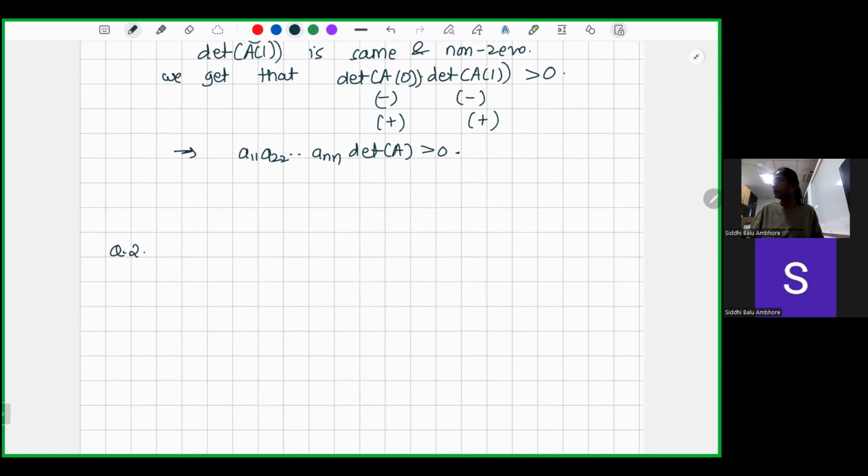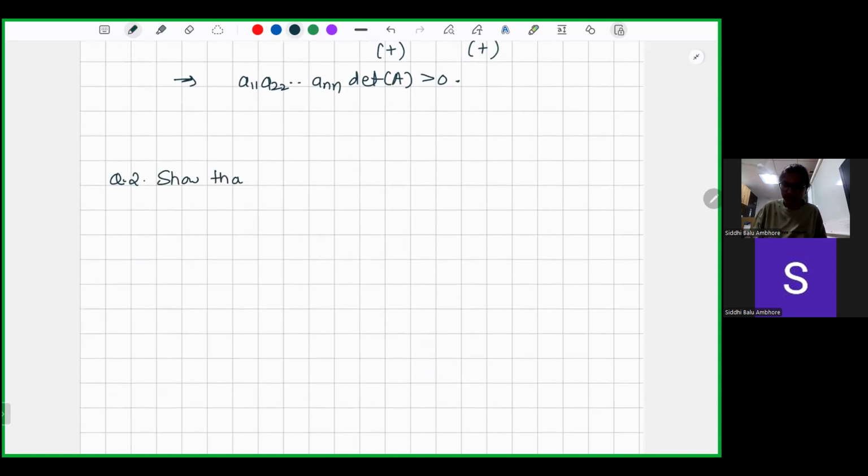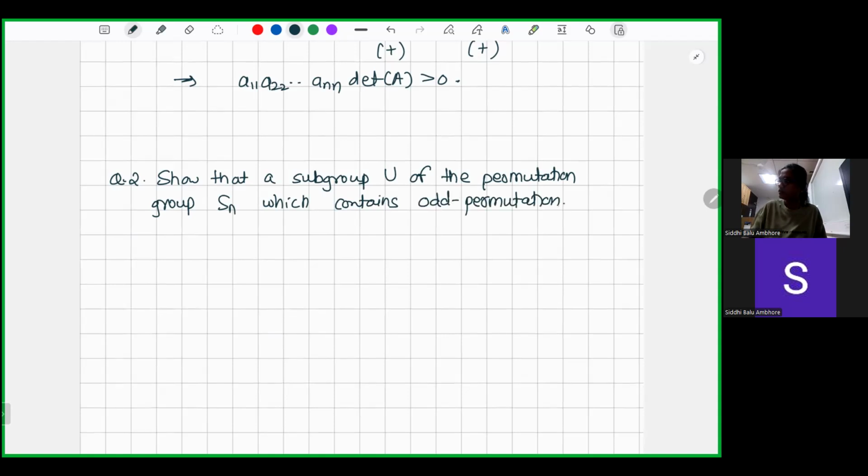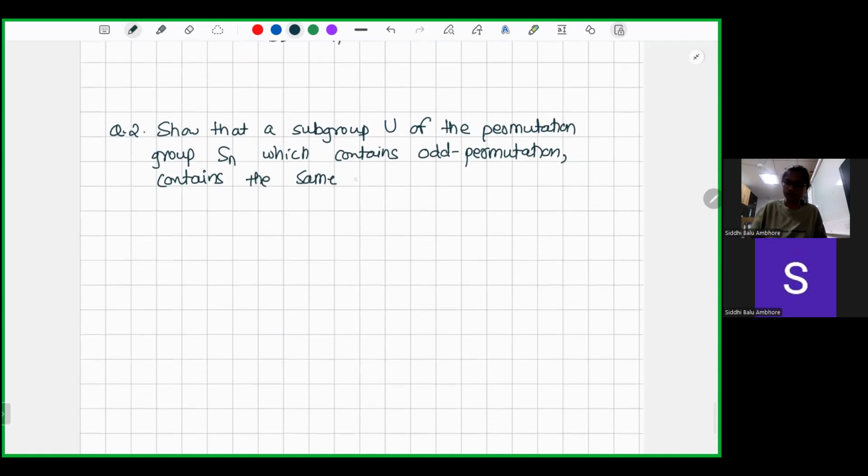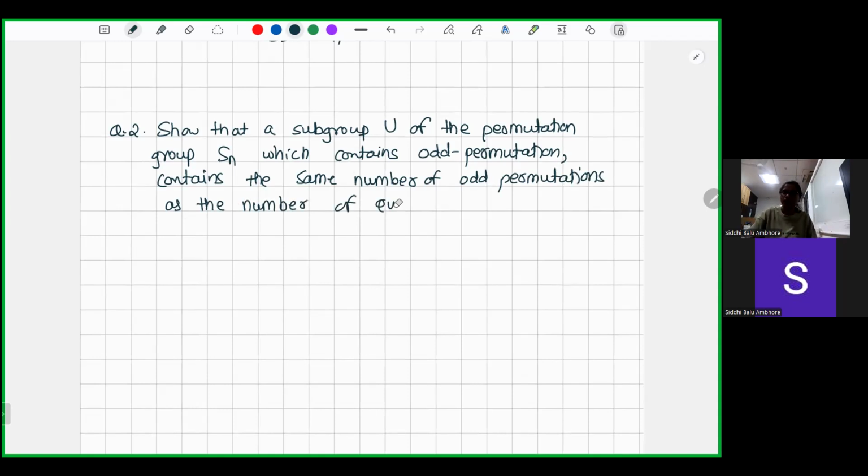Question 2: show that a subgroup U of the permutation group Sn which contains an odd permutation contains the same number of odd permutations as the number of even permutations.